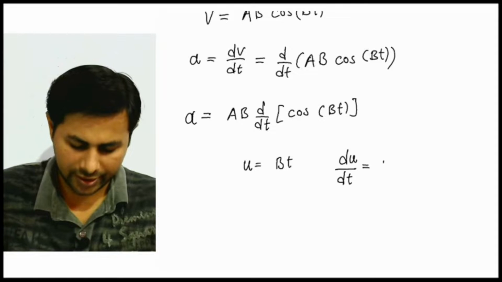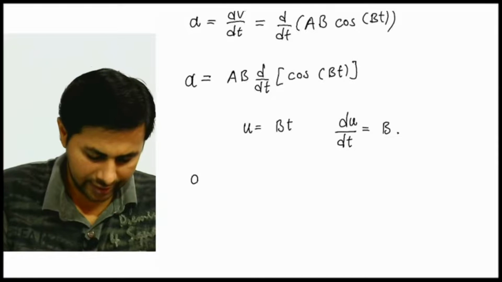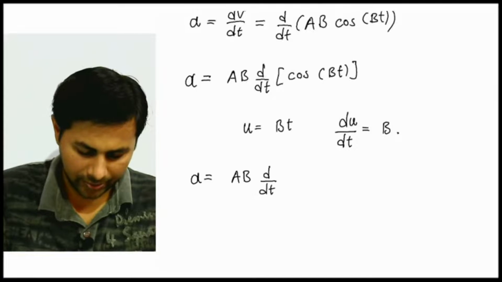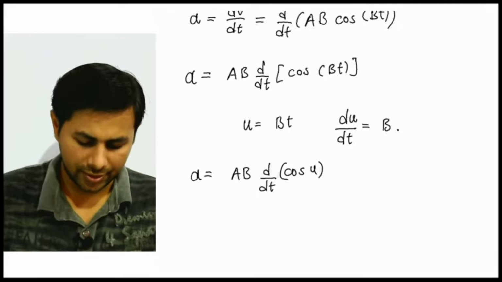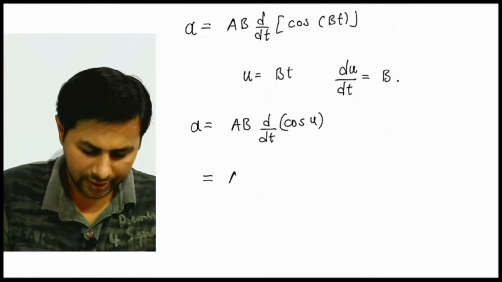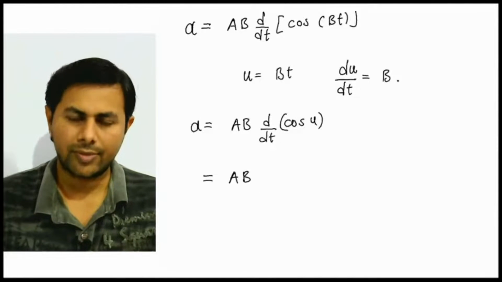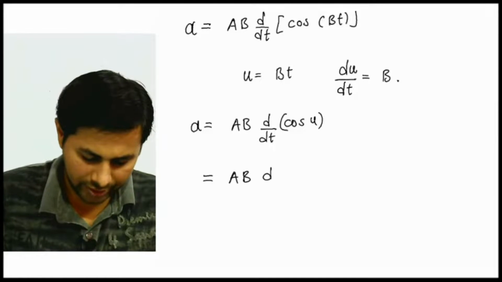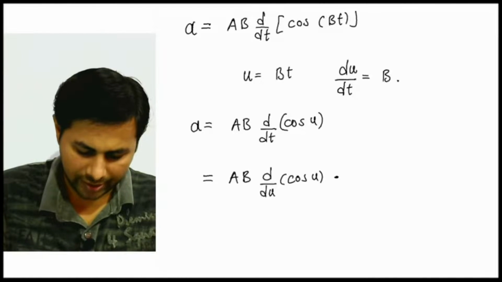So du by dt is b, and then I can write this as ab times d by dt of cos of u, and using chain rule I can write this as ab times derivative of cosine u with respect to u multiplied by derivative of u with respect to t. Okay, so derivative with respect to u of cosine u multiplied by derivative of u with respect to t.